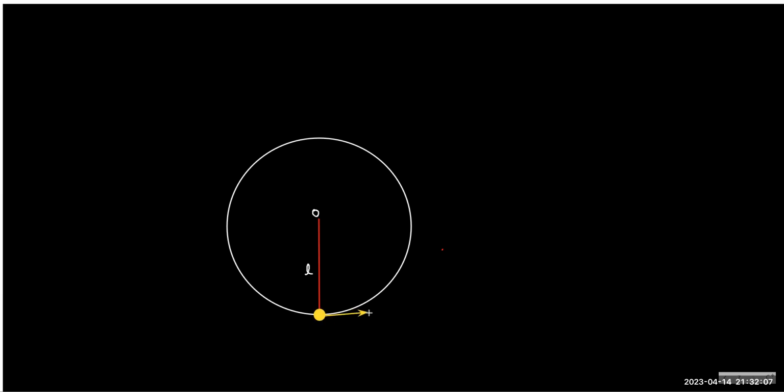So, a slightly challenging one. So the challenge is, we have a bob of a pendulum. You impart a certain velocity which you don't know how much.